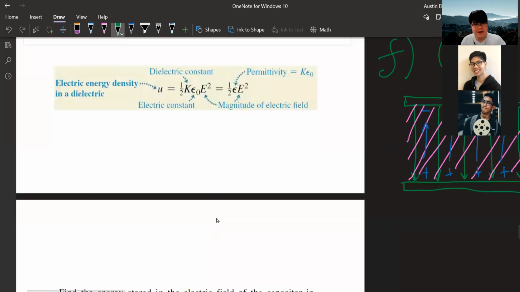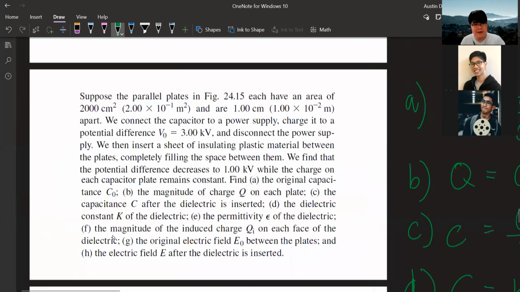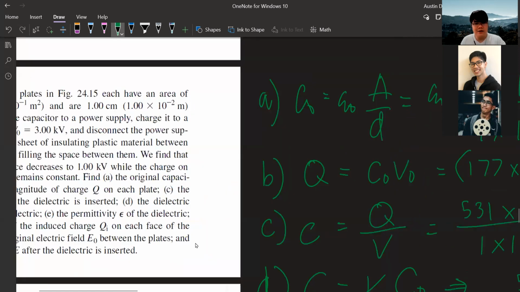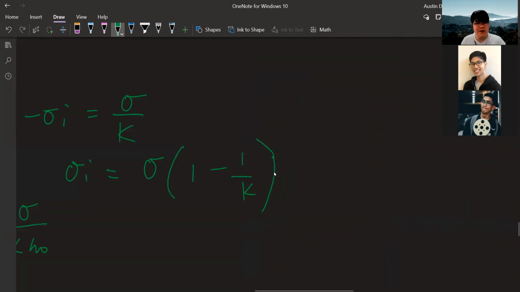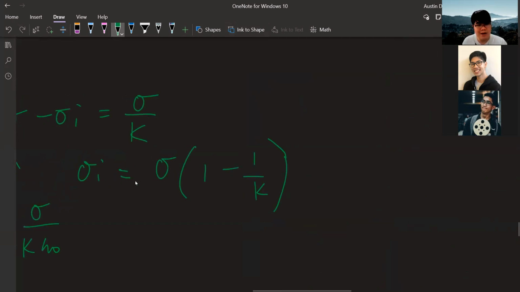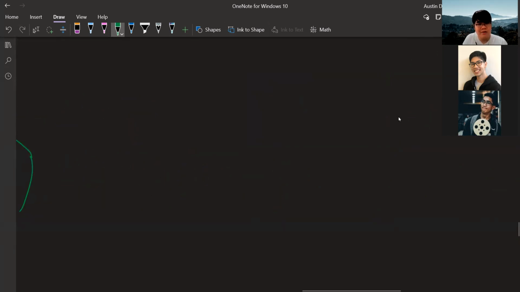And yung tinatanong sa atin ay magnitude of the induced charge Q_I. Induced charge yung tinatanong sa atin. Total charge Q_I. So therefore, I just multiply this with the area. So sigma times area would be the total charge Q_I. Must be equal to Q times 1 minus 1 over K.